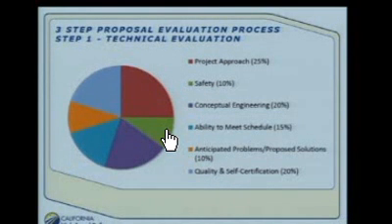You can see the representative weightings. These are broad categories, and within them there are other categories. For instance, you don't see the small business program here because it's part of the project approach. So there are many subcategories within these major categories.